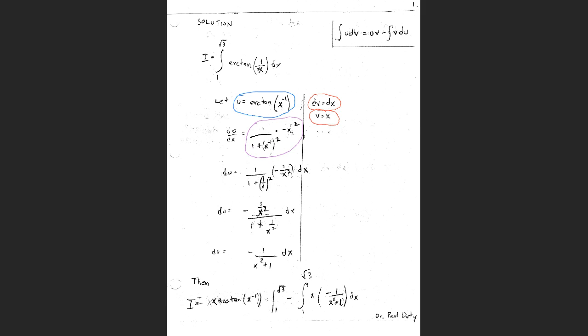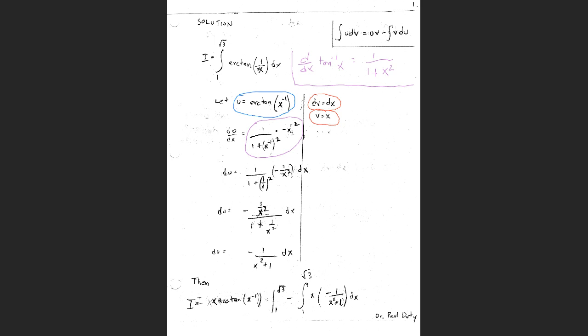We know that the derivative of the arctangent of x is 1 over 1 plus x squared.